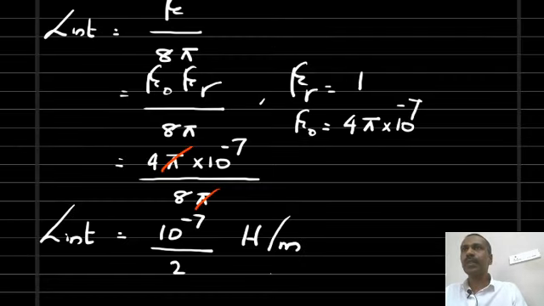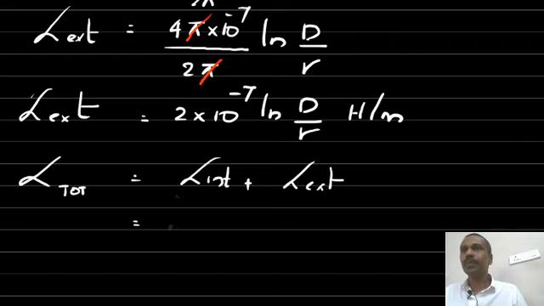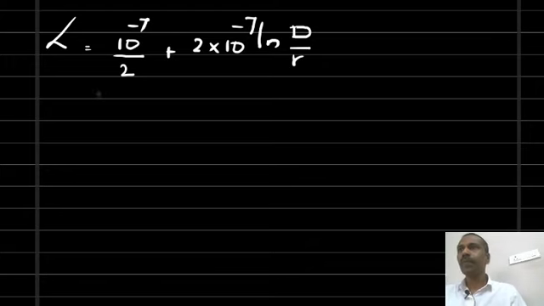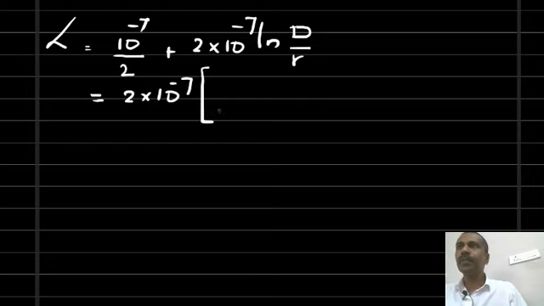The internal inductance is 10 raised to minus 7 by 2. So the total is 10 raised to minus 7 by 2 plus 2 into 10 raised to minus 7 natural logarithm d by r. If we factor out 2 into 10 raised to minus 7, this is 1 by 4 plus natural logarithm d by r.